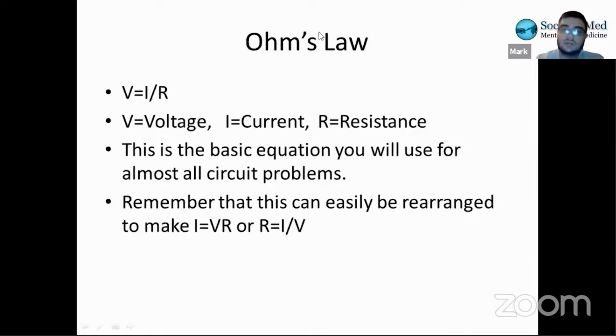Almost any circuit problem will require you to use this in some form. It's V equals IR, voltage equals current times resistance. You can also easily rearrange this depending on what exact component you're looking for. If you're looking for the voltage, the current, or the resistance, you can make it I equals V over R, R equals V over I, and just rearrange this equation. But the basic one is V equals IR. Okay.